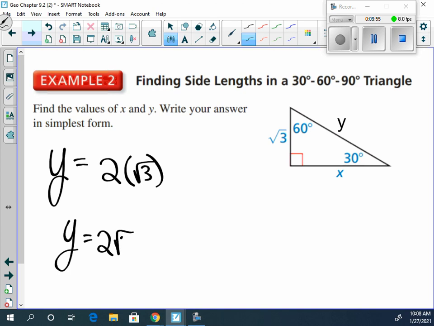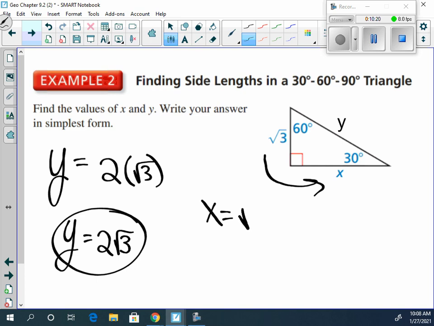2 square root of 3. Because if we're going from shortest side length to the hypotenuse, it's just taking that side length, whatever it is, and multiplying it by 2. Well, if I'm going from shortest side length to the side opposite 60 degrees, what do we do? We take the shortest side length and multiply it by what?